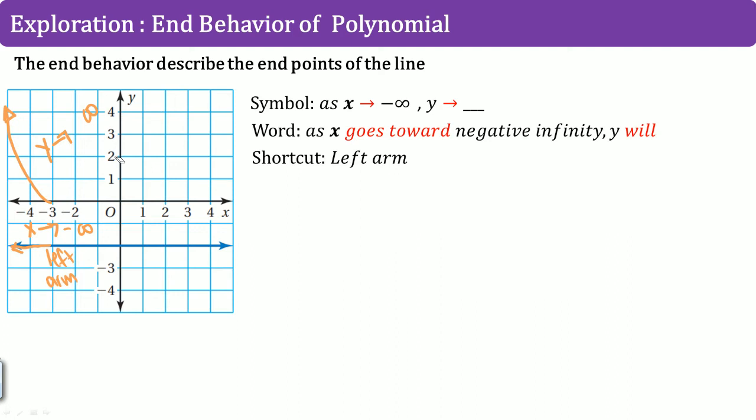Let me color code this a little bit better. As x approaches negative infinity, which means going left, two things can happen.